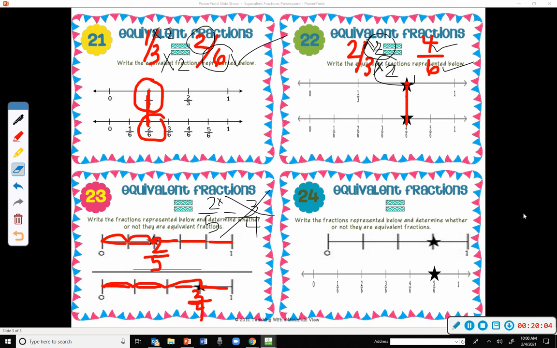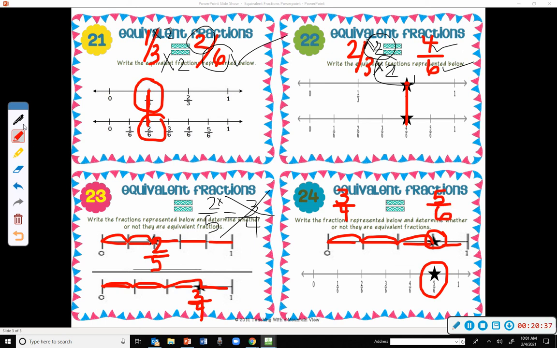We multiply, okay? So let's label what fraction this is for the top number line. It is 1, 2, 3, 4. So 4 is my denominator. What's my numerator for the star? 1, 2, 3. So 3/4. And down here, it's already got it labeled for us. It's 5/6. We said no, they're not equal.